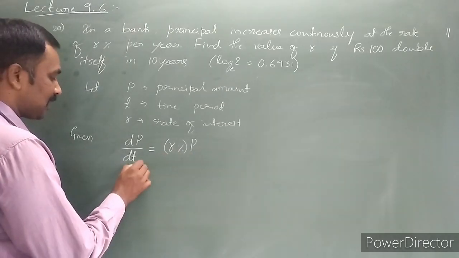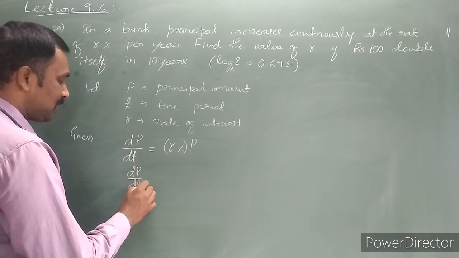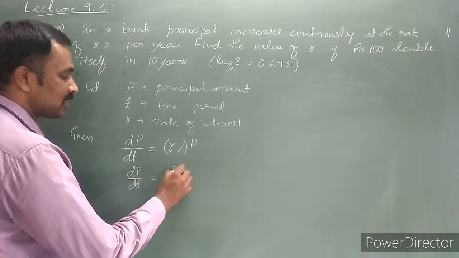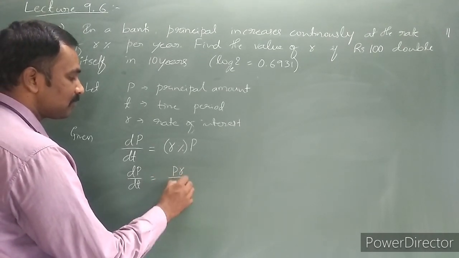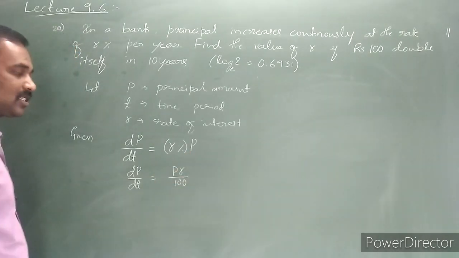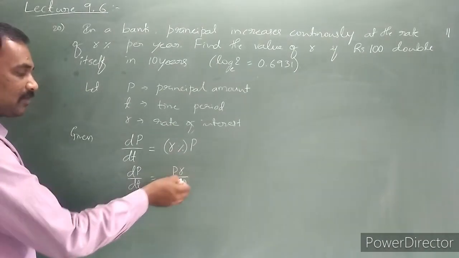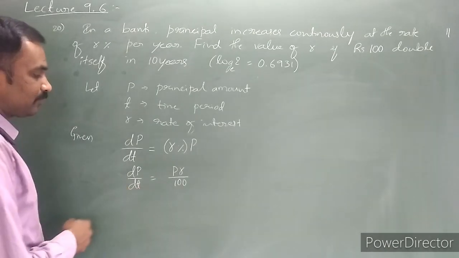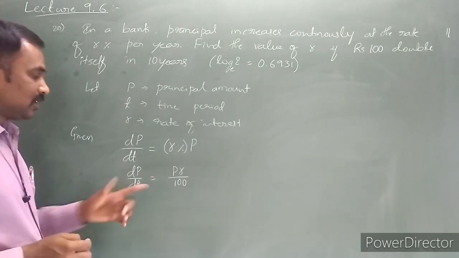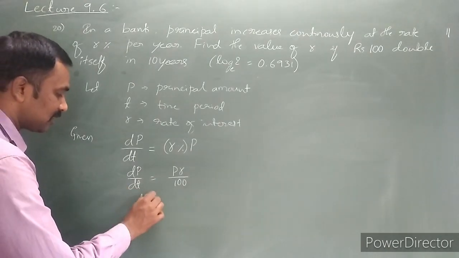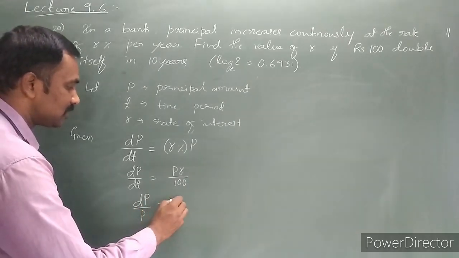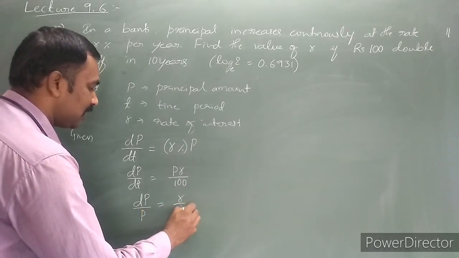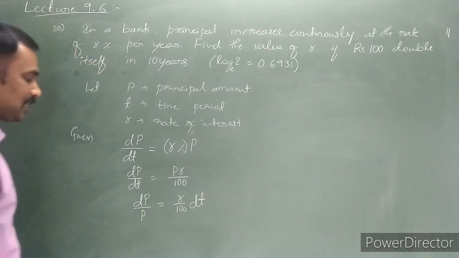So this we can rewrite as dP by dt is equal to r% of P, which is nothing but Pr divided by 100. r% is nothing but r by 100, of what? The principal amount. So Pr divided by 100. Now separate the variables, simplify, and we will get the answer. So dP divided by P is equal to r divided by 100 into dt, integrating.